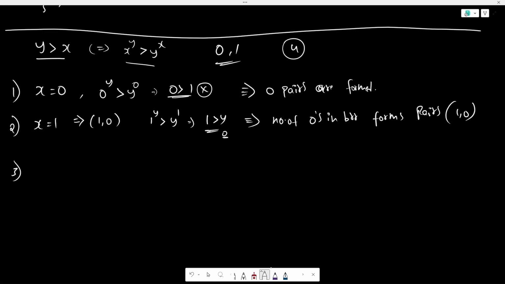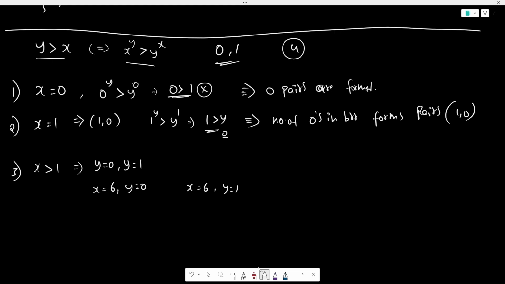We have seen x equal to 0 and x equal to 1. Now whenever x is greater than 1, then y equal to 0 and y equal to 1 also form a pair such that x power y is greater than y power x. Okay, let's take one condition. Whenever x equal to 6 and y equal to 0, or x equal to 6 and y equal to 1.